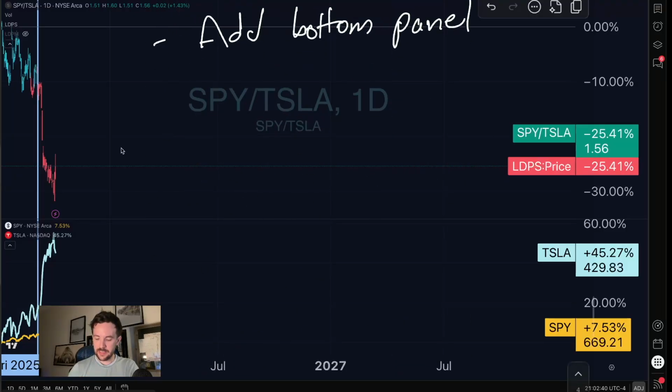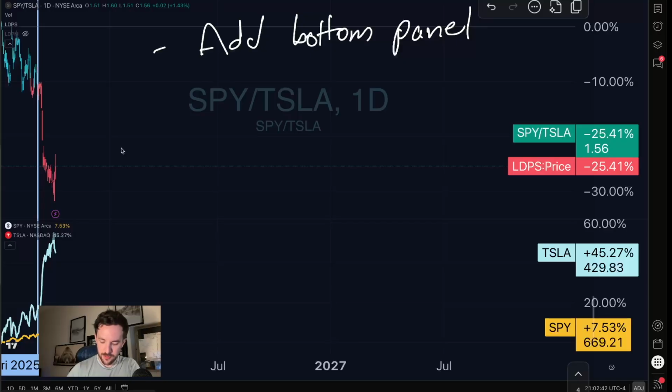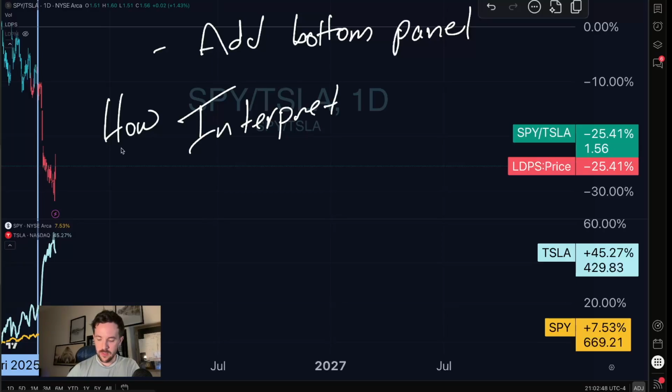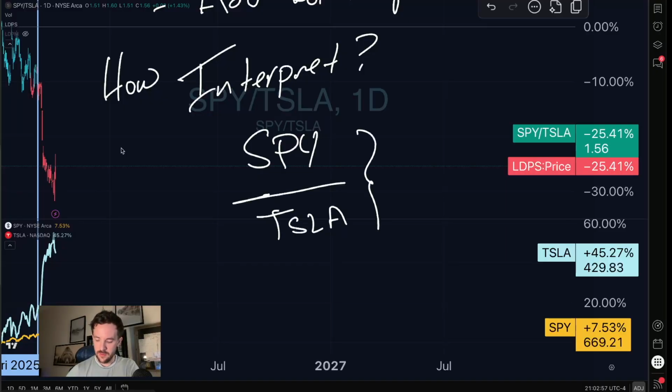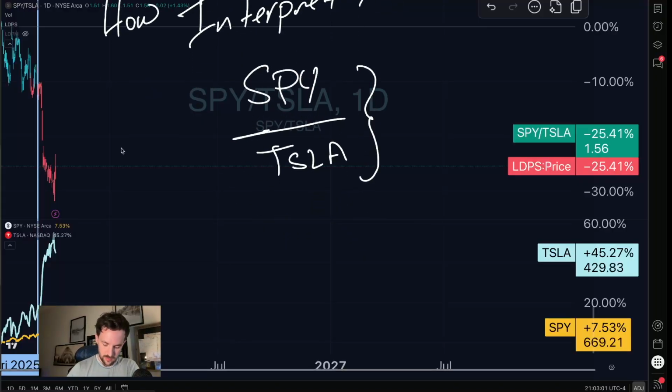And then I guess the next step is, how do we interpret? We kind of briefly went over it. The idea is, in this case, we have SPY over Tesla, and it works exactly the same as a fraction would, right?